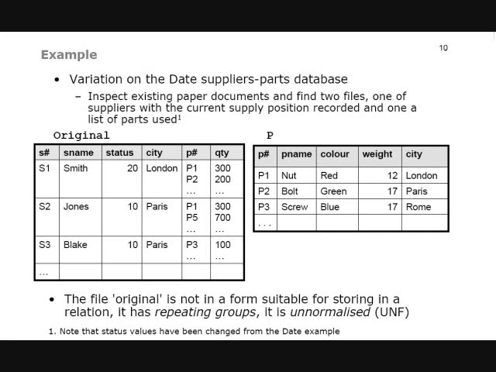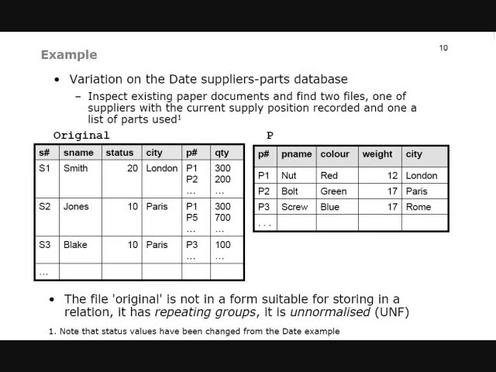So, I'm saying that in this example this works like this, because I can then explain to you how normalization works. So, in this particular example, I'm saying the status is associated with the city. So, if I have London, I have one status. If I have Birmingham, I have another status. So, this is what we call an unnormalized relation. It's not in any normal form.